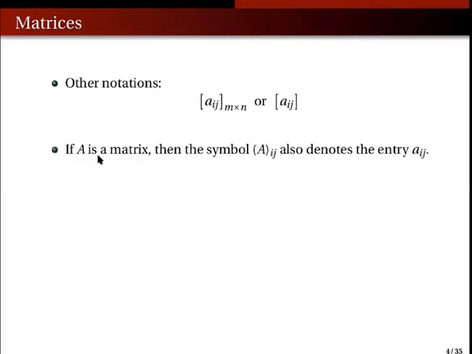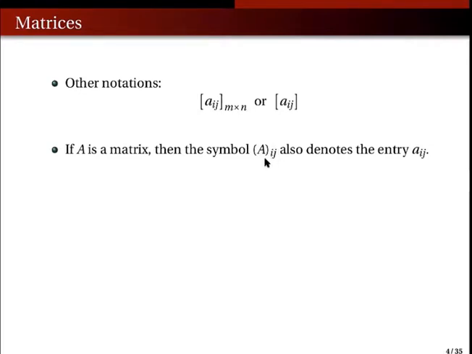So, if A is a matrix, capital A, the name of the matrix, then we can also have this symbol, but this means we are looking at the entry, this time the entry of the matrix at the ij location.